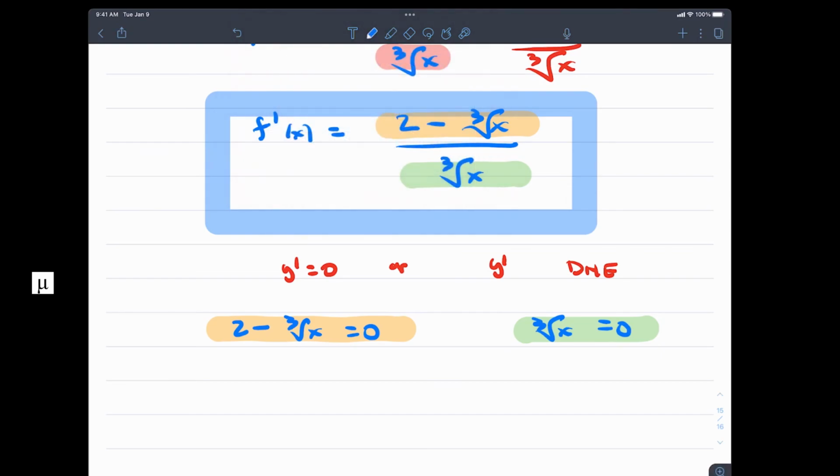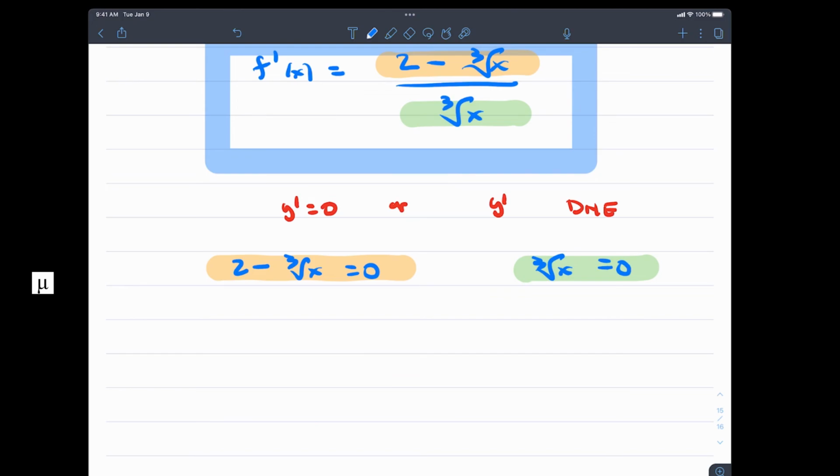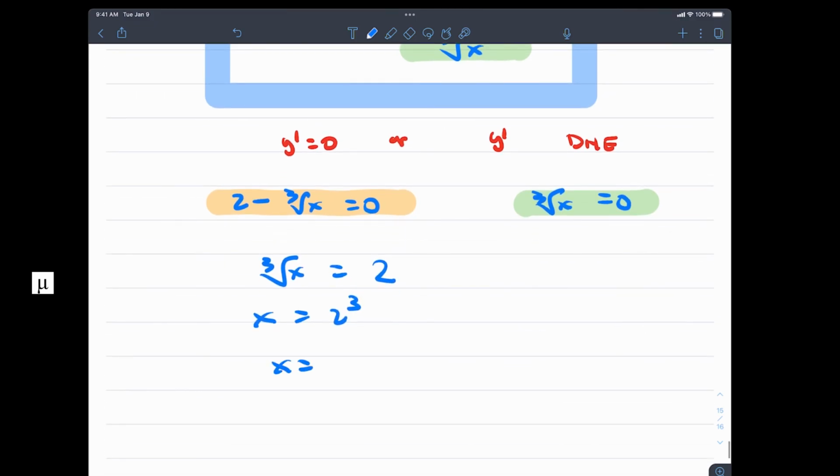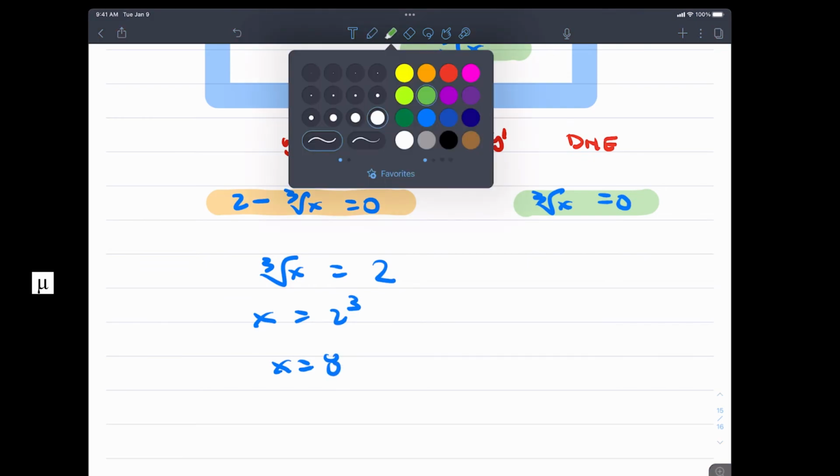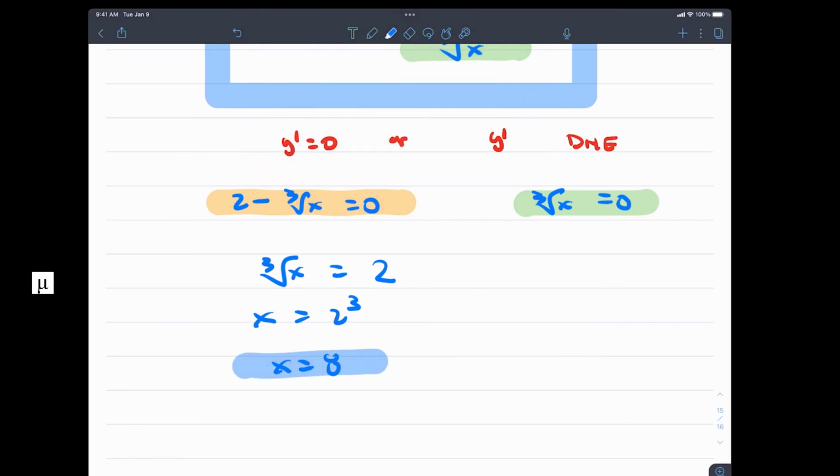If I add the cube root of x to both sides, now x will be 2 cubed, so x will be 8. And over here, the same thing, cube root of x is 0, this means x is 0 cubed, or simply x is 0.